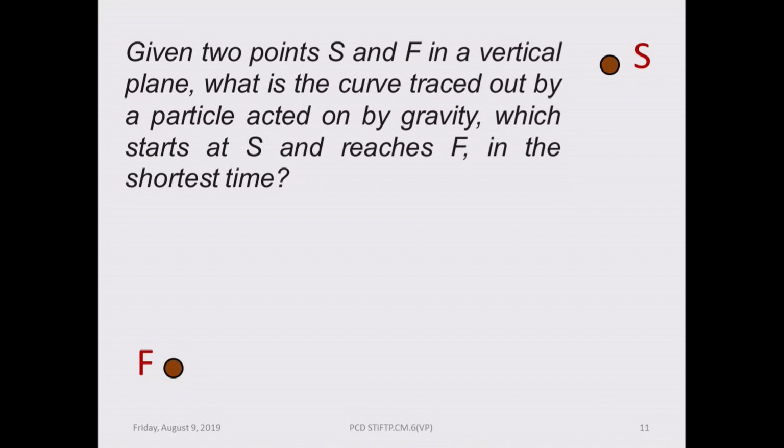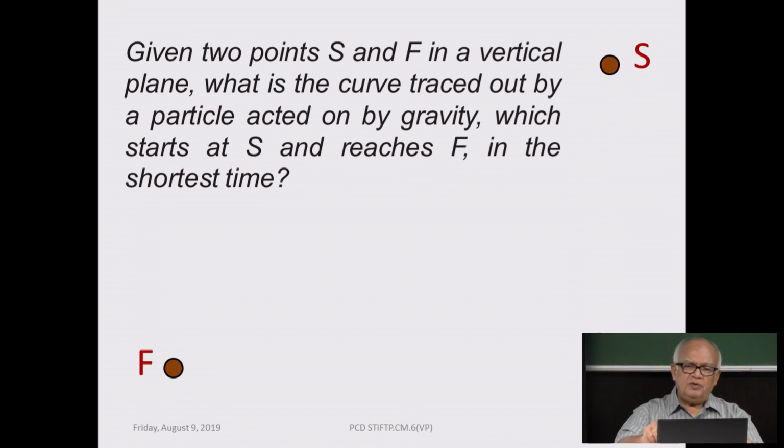to quantum mechanics, right? So we started out with this question that if you have got a point S, okay, which is the start point, and a finish point over here, and you let go of some marble over here, which curve would give you the fastest reach.